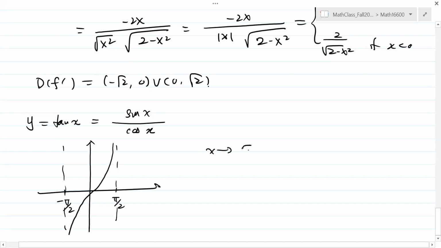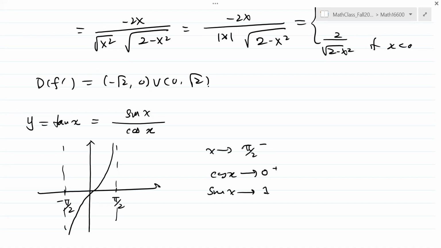Think about how to get this graph. As x approaches pi over 2 from the negative side, you will see that cosine x approaches 0 from the positive side, but sine x approaches 1. Doesn't matter which side, it's always positive. So that's the reason the quotient, which is tangent x, approaches positive infinity.